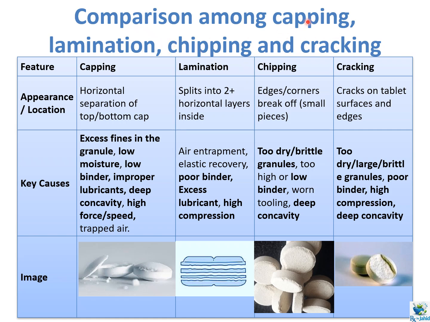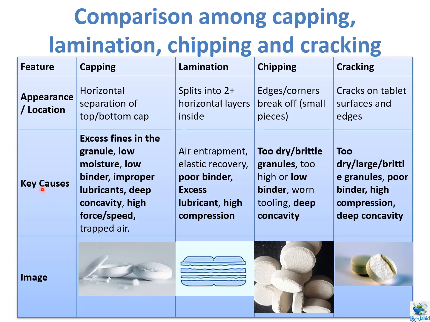For example, in capping, a cap was formed; during lamination, different layers were formed; during chipping, tablet edges have broken out; and during cracking, cracks appear. So we can see the horizontal separation is capping, lamination is a split into multiple layers, chipping is edges or corners breaking off, and cracking is cracks on the tablet.